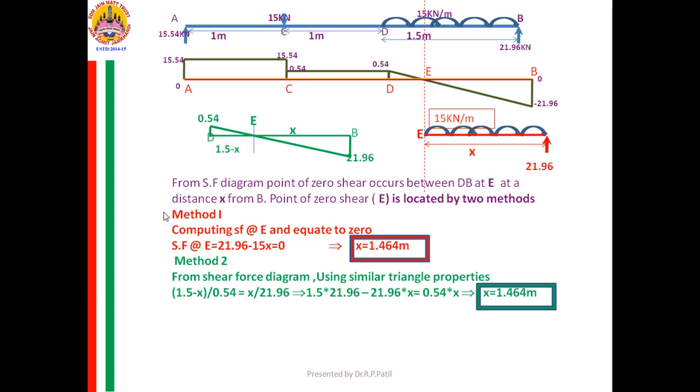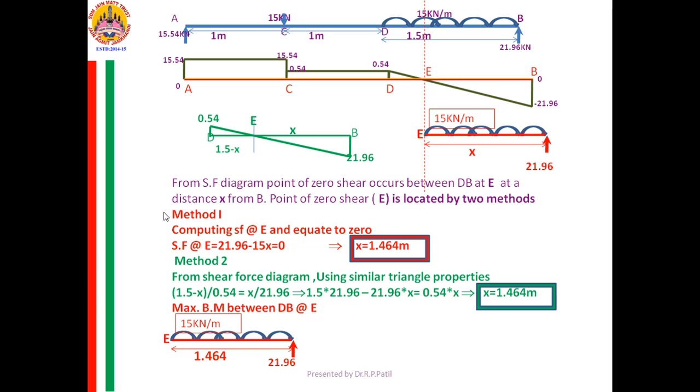Okay, friends, now I got the point where the SF is 0. At the same point, BM will be either maximum or minimum. You calculate that maximum or minimum value of BM. How you are calculating it? Instead of x, you are taking it as 1.464 and you are calculating the bending moment. Yes, at E you calculate the bending moment. There are two loads. One is 21.96 and one more is 15 kilonewton.